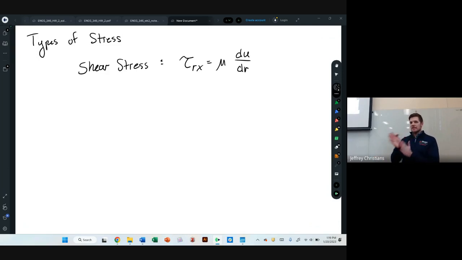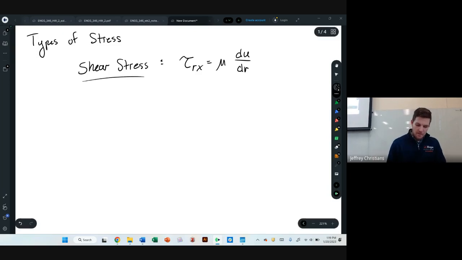So if we have velocity changes, velocity gradients, that's what du dr is. That's when we have shear. That's when we have this sliding of one fluid layer across another. That's shear stress. We can also have normal stress.